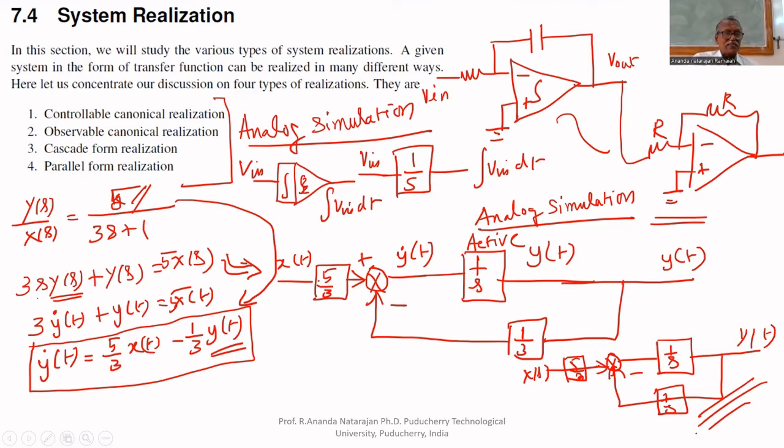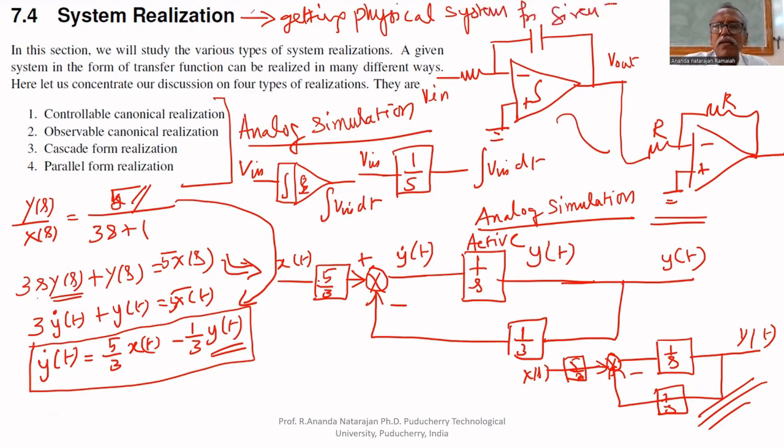This is called realization, system realization. We know the transfer function, but how to find a physical system for that? That is called system realization. System realization means getting a physical system for a given transfer function.